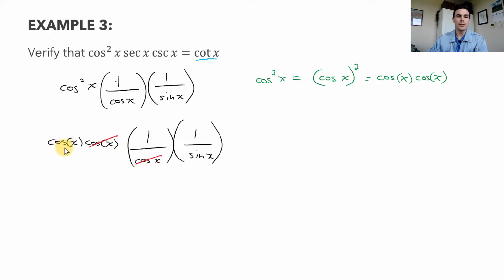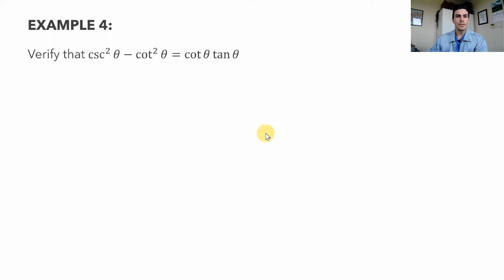And I would still have one of my two cosine x's outside of these parentheses. Okay, so now I have cosine x over sine x, which is equal to, remember, cotangent x. And cotangent x equals this cotangent x that we have on the right-hand side of our equation, so that checks out.